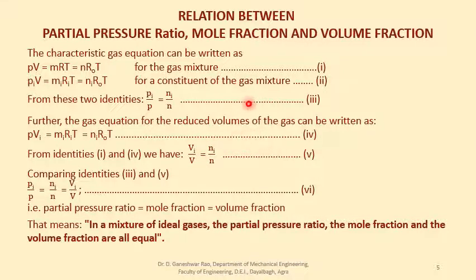Now from these two equations, 3 and 5, you can say that Pi upon P is equal to ni upon n is equal to Vi upon V. What does it mean? Partial pressure ratio is equal to mole fraction is equal to volume fraction. So in a mixture of ideal gases, the partial pressure ratio, mole fraction and volume fraction are all equal.